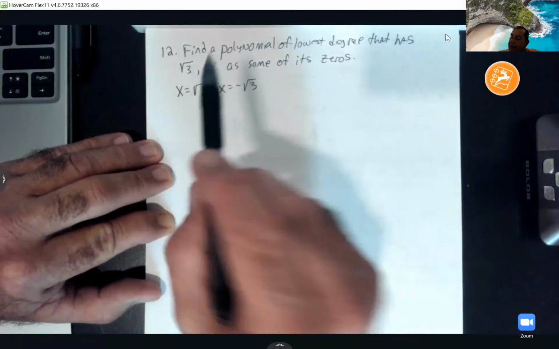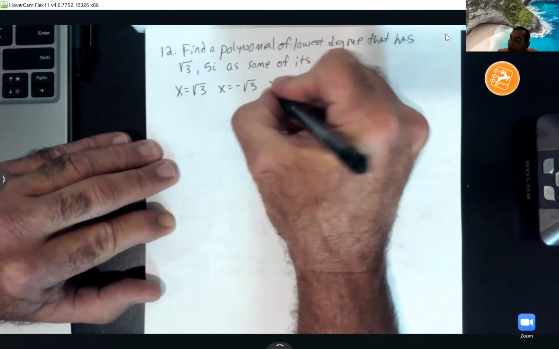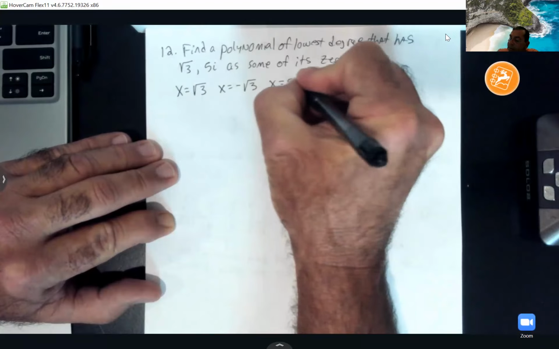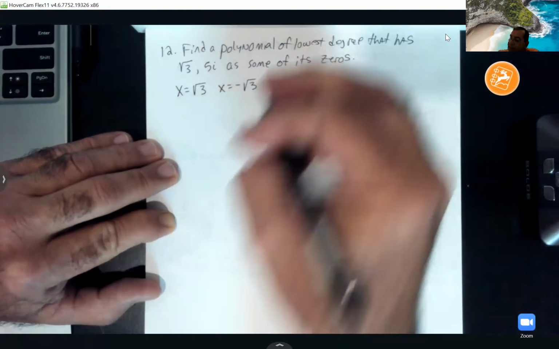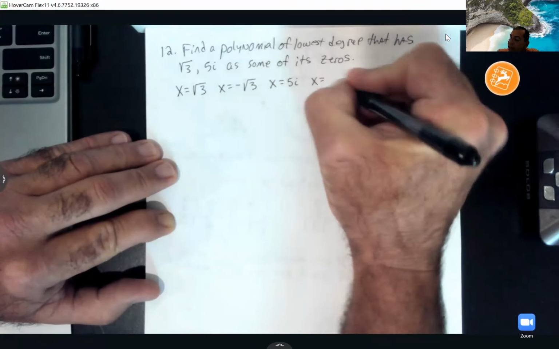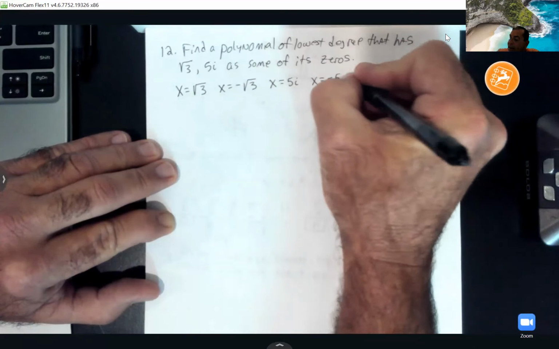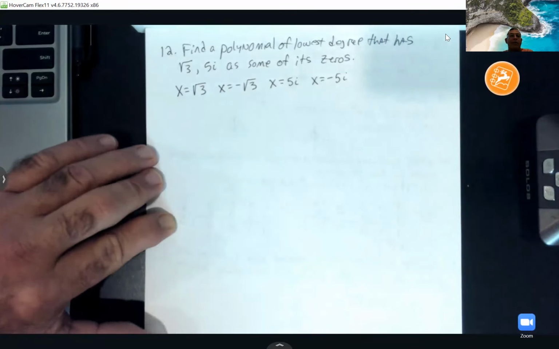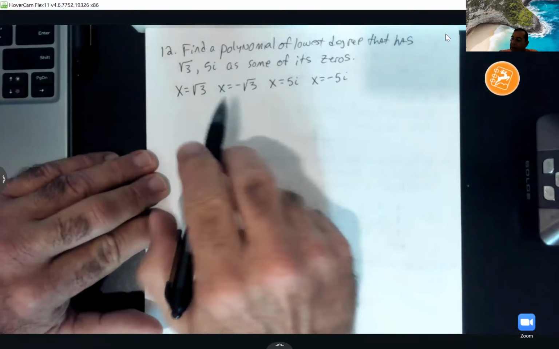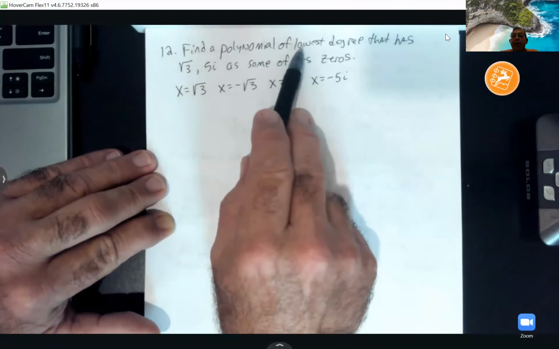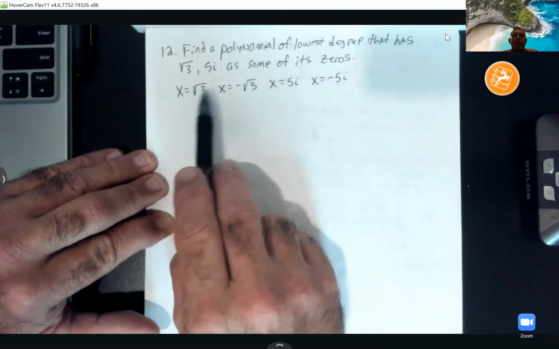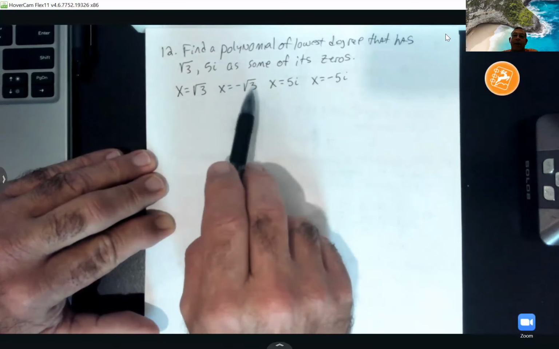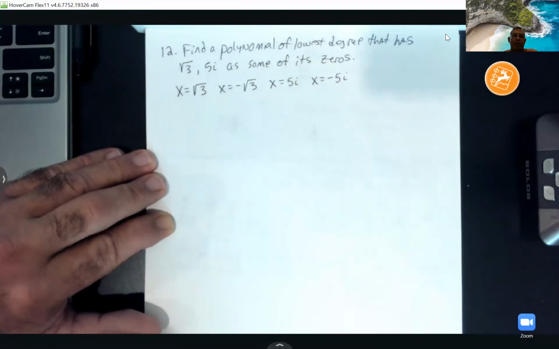Now, if x equals 5i is a 0, well, y'all, that means x equals a negative 5i also has to be a 0. So they weren't giving away the problem because of the lowest degree part, but they wanted you to realize that these always come in conjugate pairs.